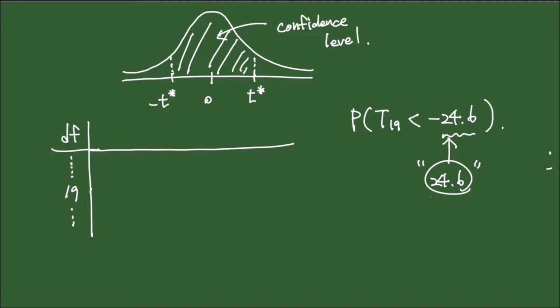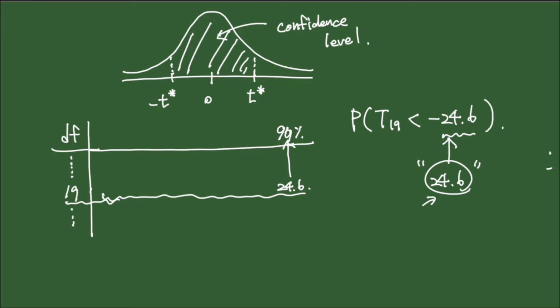In the table, I just want to look up the numbers on the 19th row, and then look up the 24.6 on that line. So let's say I have 24.6 here. Then I want to go up and read the critical confidence level here.